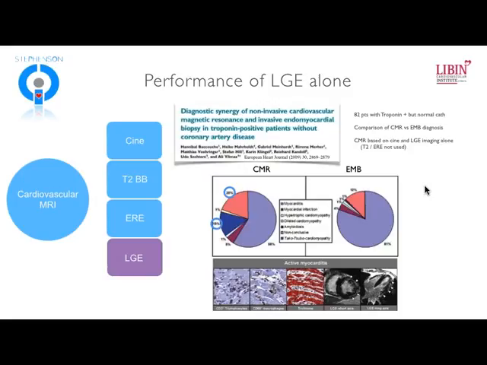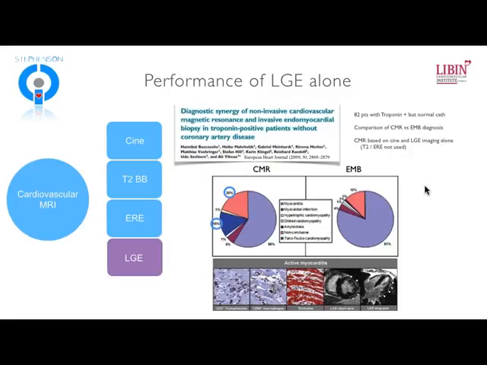But if we do look at the one thing that we know is fairly robust, which most investigators are going to call abnormal and call the same way, that's late gadolinium enhancement. It really is the workhorse of tissue characterization in CMR. And if we look at this marker alone, it actually has a fairly good capacity to distinguish patients in this type of referral population.